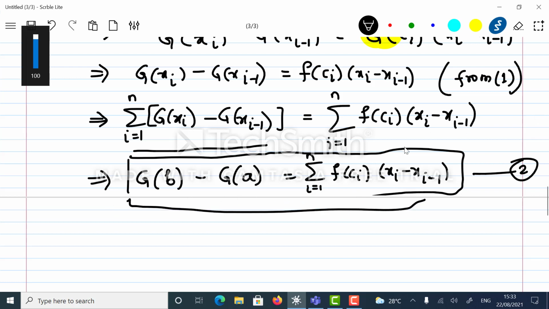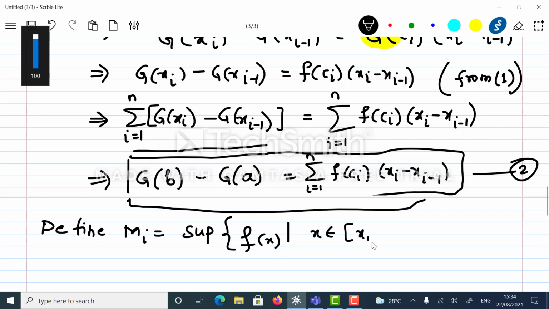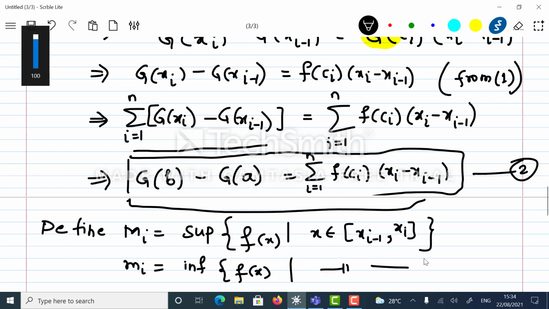Okay, now let me define a few terms. Define capital Mi as the supremum of f(x) such that x belongs to [xi minus 1, xi], and small mi is equal to the infimum of f(x) such that x belongs to [xi minus 1, xi].